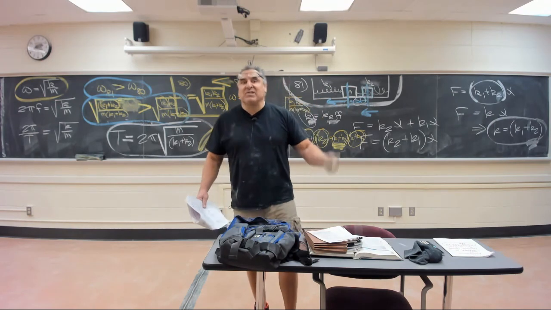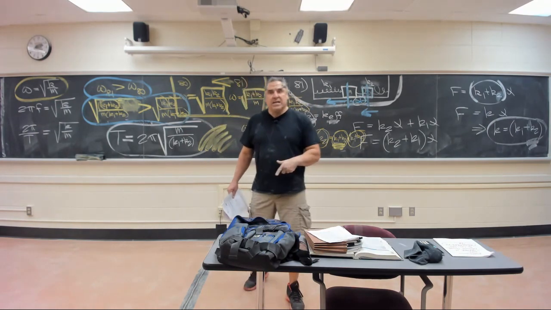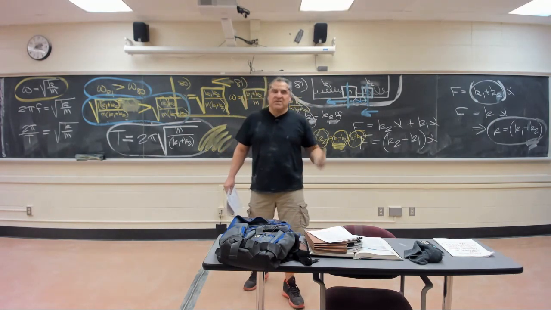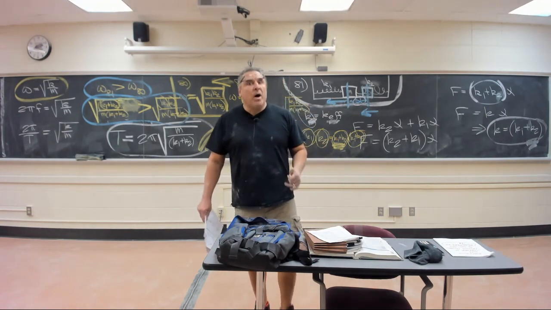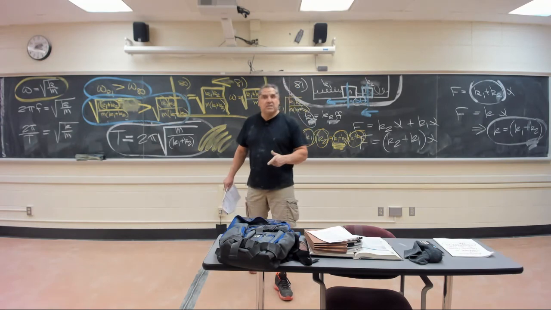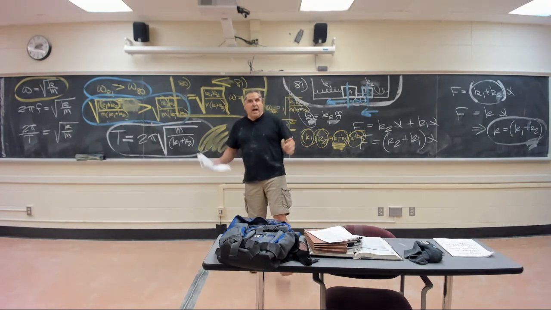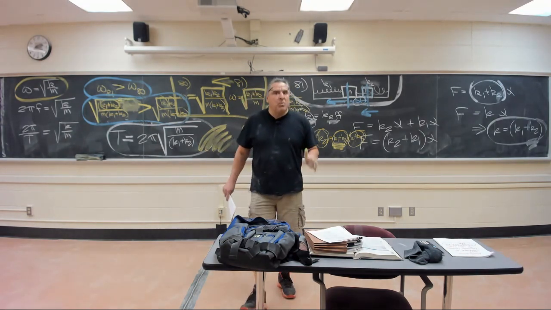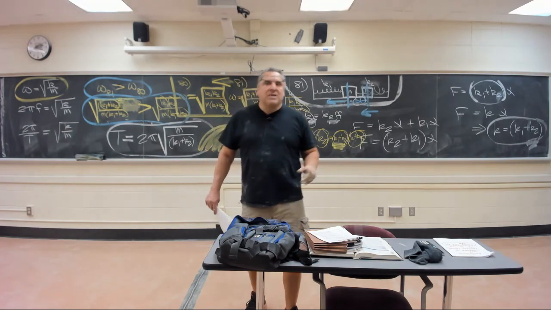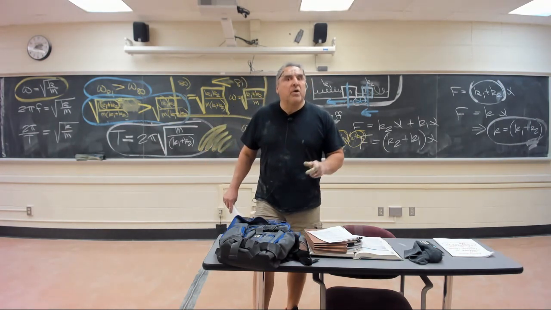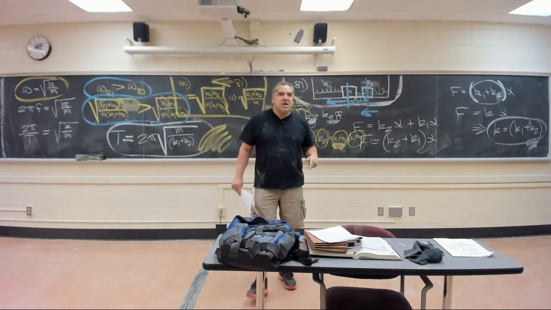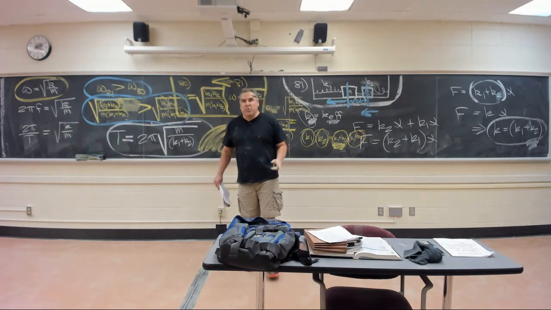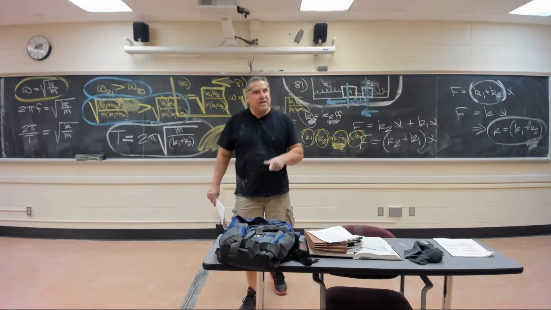So 81 has a smaller period than 80 does, which is equivalent to saying that 81 has a greater frequency than 80 does. The scenario in problem 81 has a smaller period than the scenario in problem 80. That means it oscillates with greater frequency in problem 81 than it does in 80.